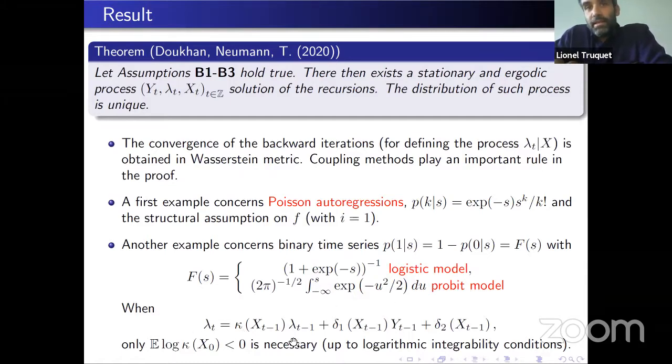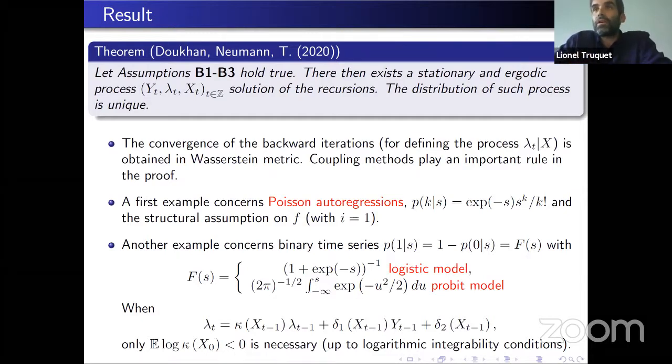If you consider this recursion for the lambda process, with a linear specification with some random parameter, then typically, up to some logarithmic integrability condition, we only need to consider this contraction condition with respect to the first coefficient, and there is no constraint on the coefficient with respect to the y. This is mainly due to the fact that the state space is bounded. It is 0, 1. But what I showed here for binary time series can be generalized to other types of categorical time series, that is with more than 2 outcomes.